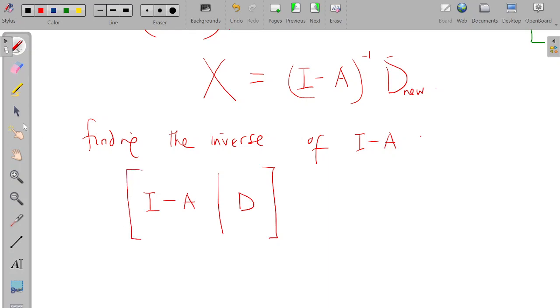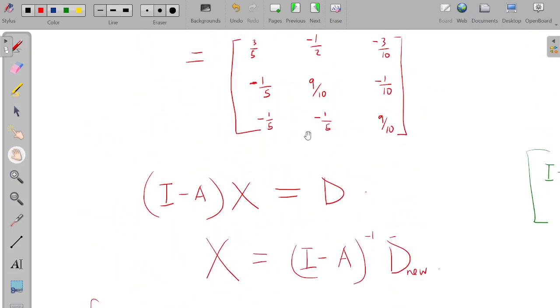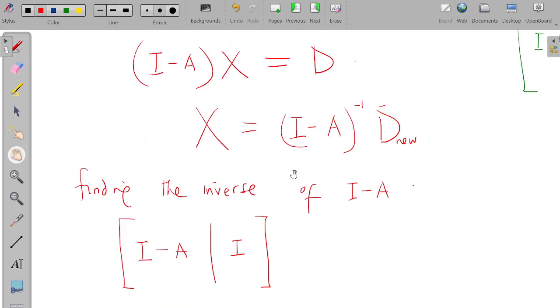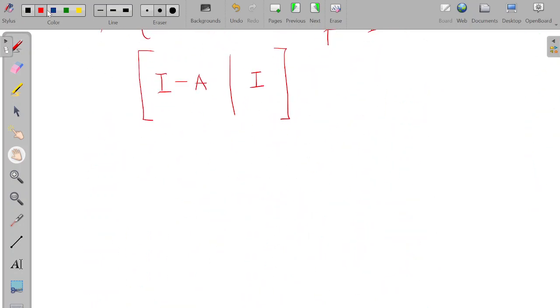Not with d. We are not going through that one. We're going through the inverse one. So I'm going to write this and put it side by side with my identity. Okay, that means it is 3, not negative.